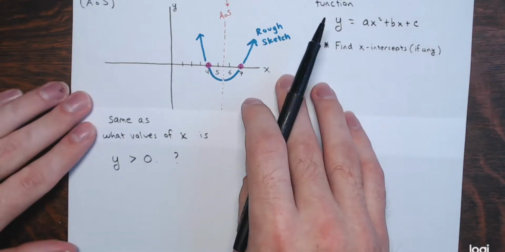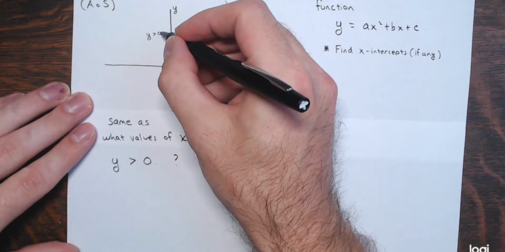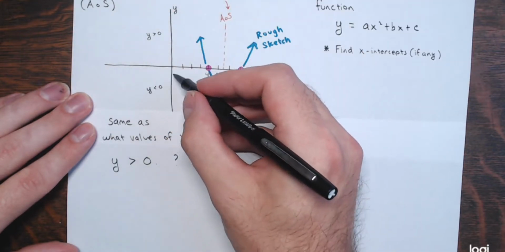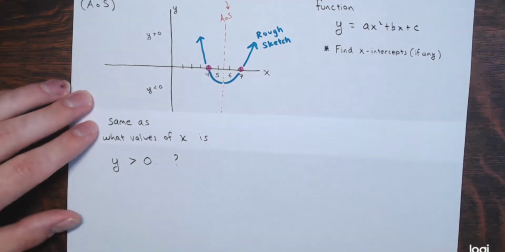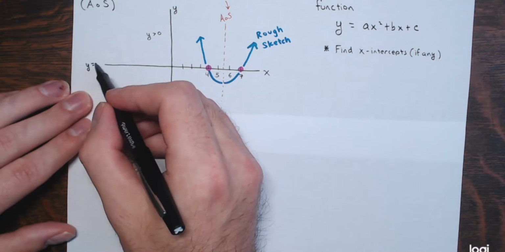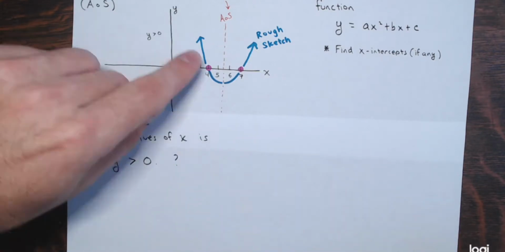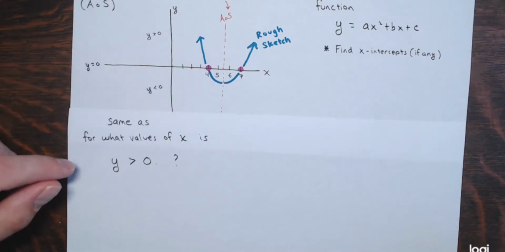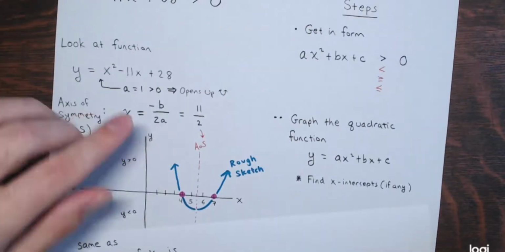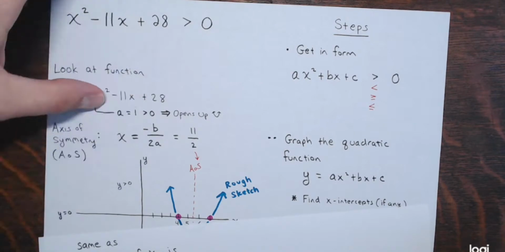remember the y values are positive above the x-axis, y values are negative, less than 0, below the x-axis, and y equals 0 on the x-axis. And then looking at the graph, we can tell what values of x give me positive y values. They want this value here to be greater than 0, to be positive.